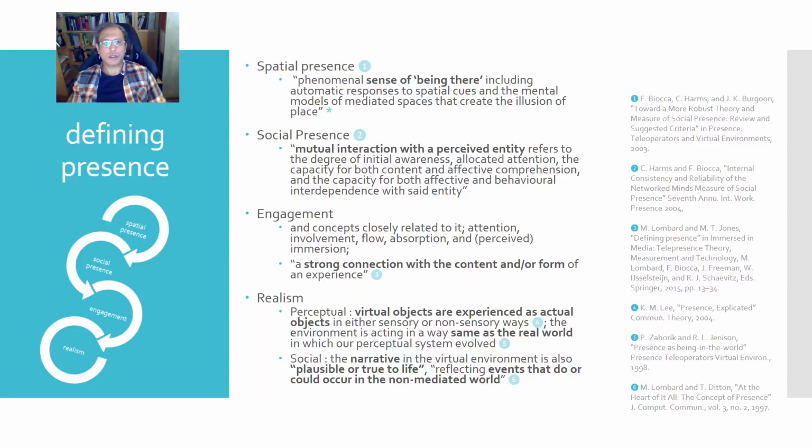The social presence is the mutual interaction with a perceived entity for both content and affective comprehension, and there is some affective and behavioral interdependence with you and this entity. So that would give you the sense of social presence.